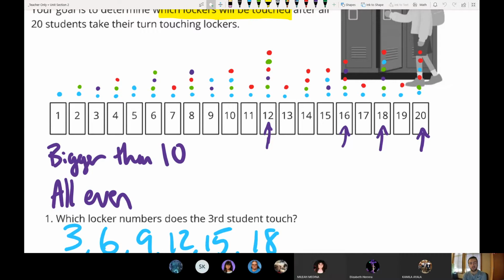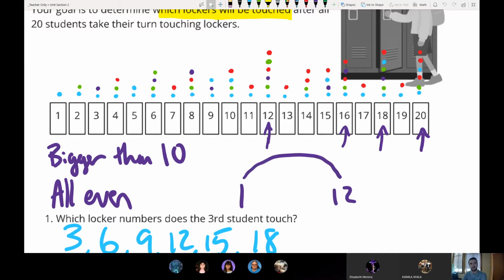Let's think about the factor pairs for these numbers. Remember when we make a factor rainbow, let's say we're going to do it for 12. When we make a factor rainbow, we start with 1 and the number, always, right? We said that that's always a possibility for a rectangle or for a factor pair with those side lengths. 1 and the number we're looking for, so 1 and 12.